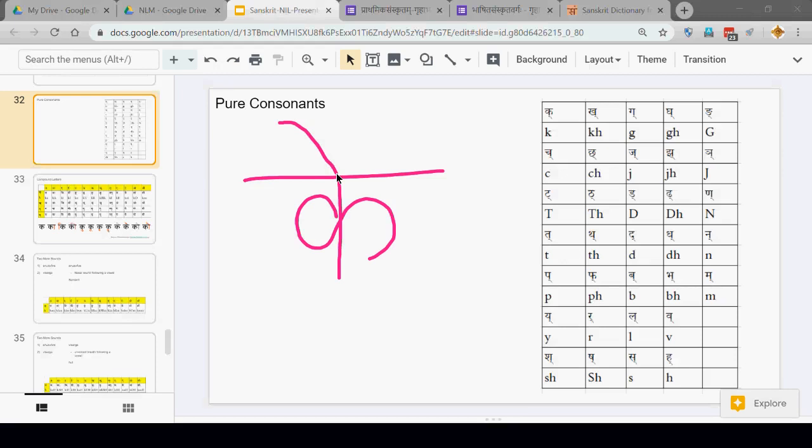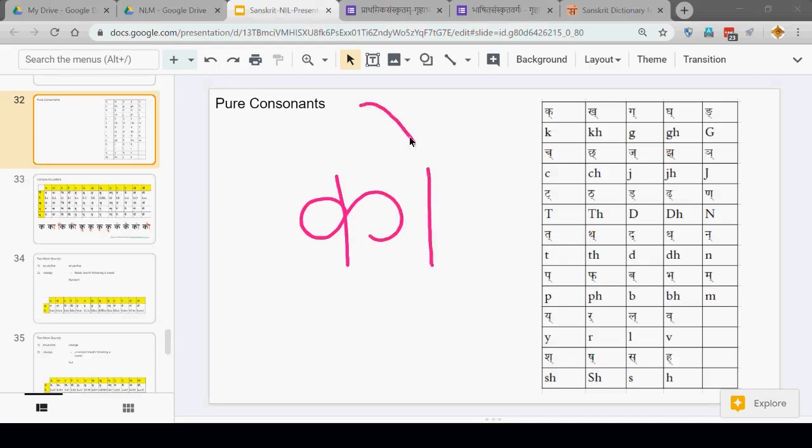We just added one slant line on the top, that becomes K. But if we write a vertical line and then add a slant line on top touching that vertical line, then it becomes Ko, right? Like in co, like cooperate or cope. So this is the Ko symbol.